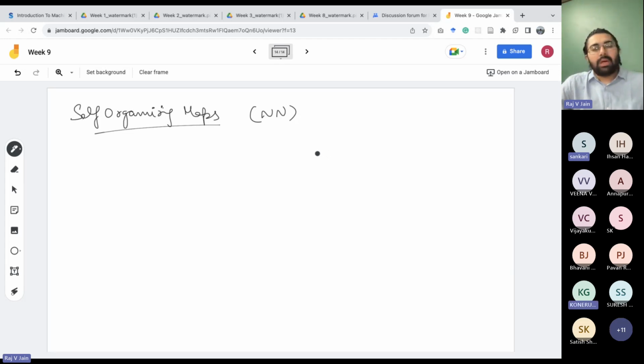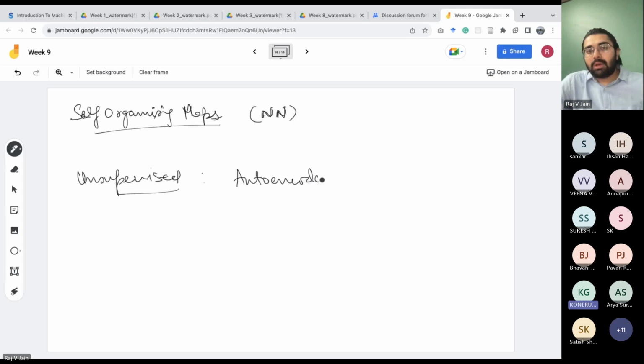So far, we discussed only supervised learning in the context of neural networks, right? We also discussed unsupervised learning, for example autoencoders.